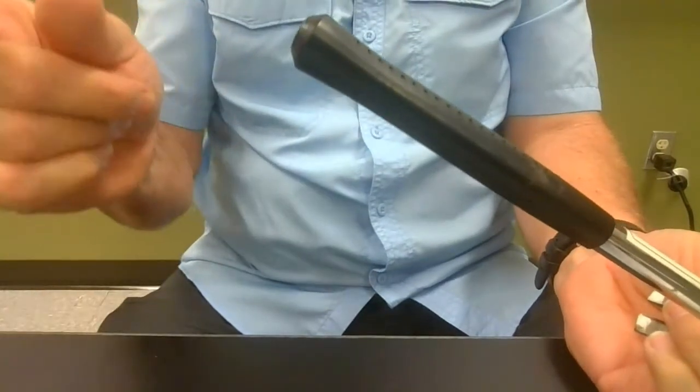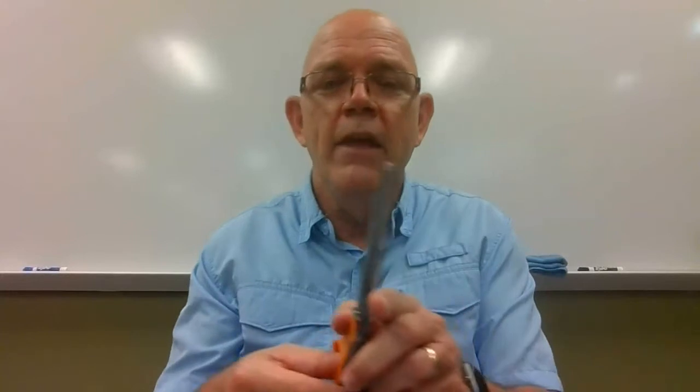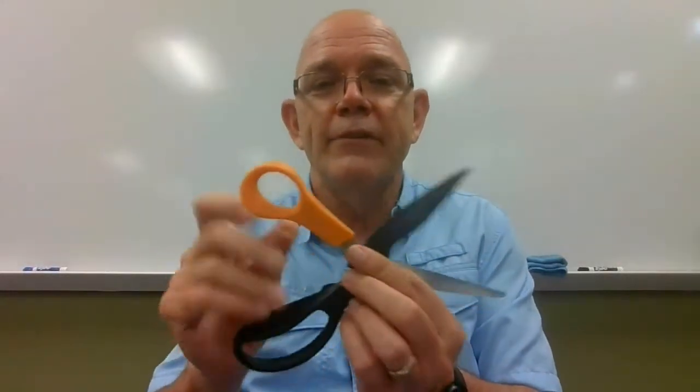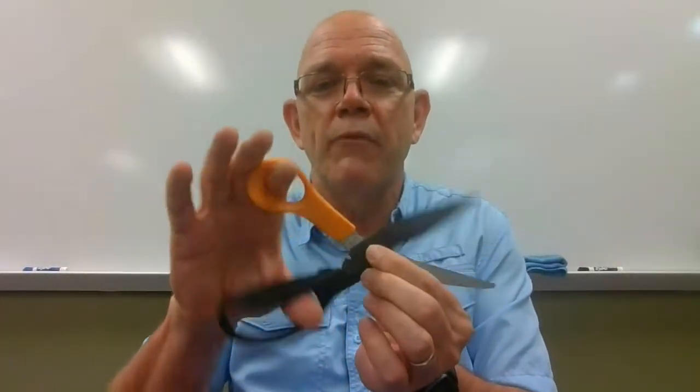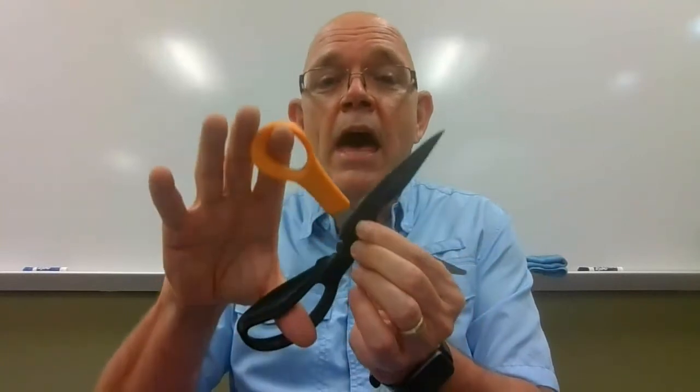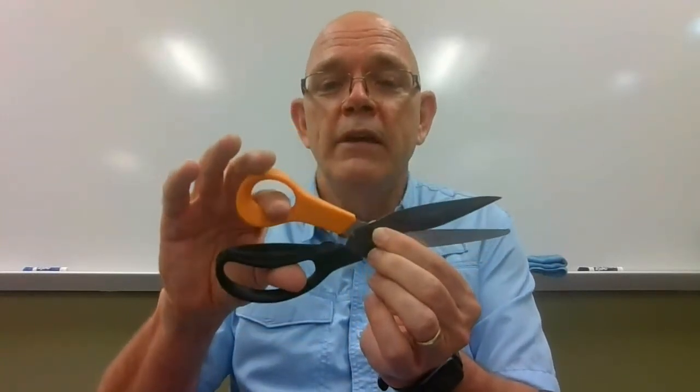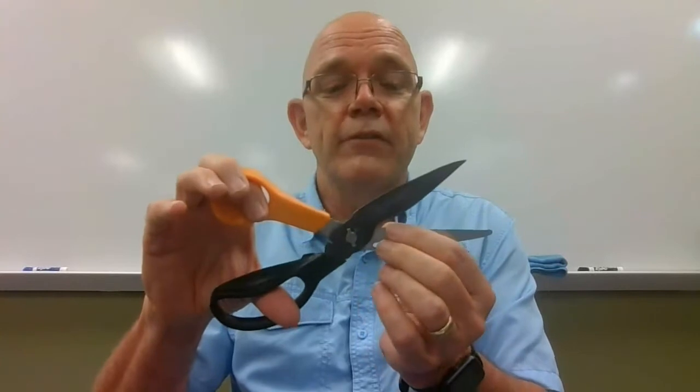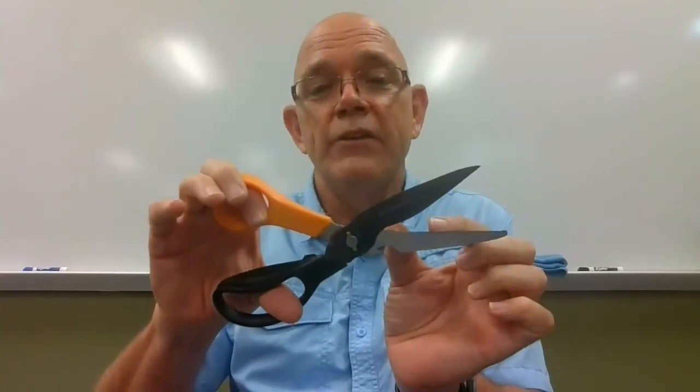Okay, but the difference is we may have to put less force on it, which means it feels easier to us. Same thing with scissors, which are another kind of lever. They have a fulcrum here in the middle. They rotate around that. I may move the handles 2 or 3 inches, and the blade may only move an inch or two.